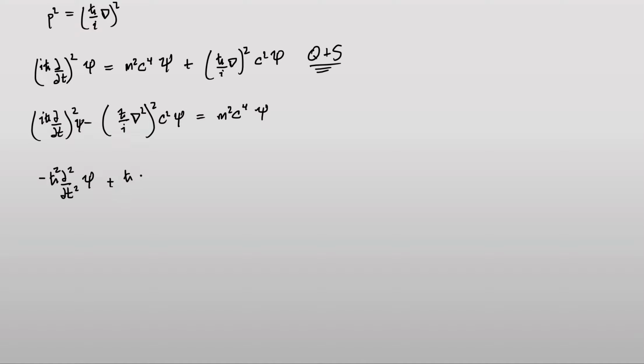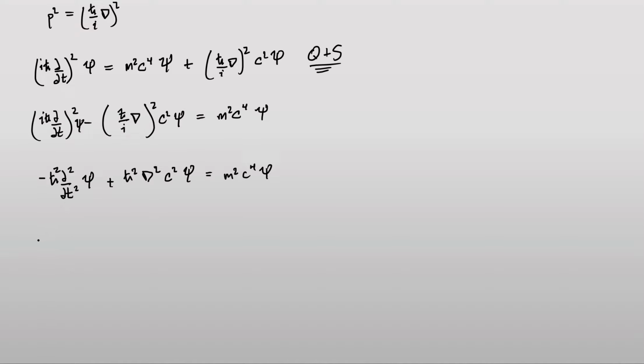So it's going to be h bar squared, and actually that should not be squared right there. That squared, c squared, like that, and then again m squared, c to the fourth actually, c to the fourth times our wave function. We can continue doing more and more manipulations, right?